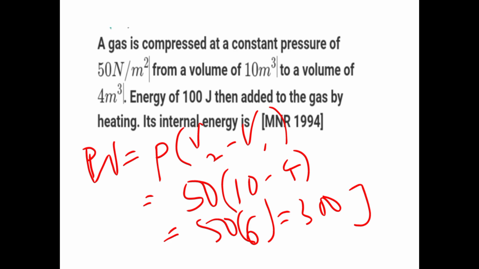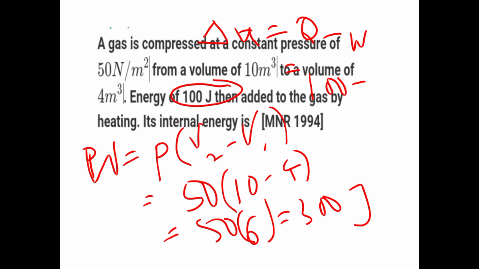Then we are asked to find the internal energy. So we can say here that internal energy is equal to Q minus W. Now the Q here is, we're given that energy of 10 joules is added to it by heating. So that means that is 100 joules. Then minus W. W here is minus 300. Now you're going to wonder, why is it minus 300? I told you earlier something about compression.